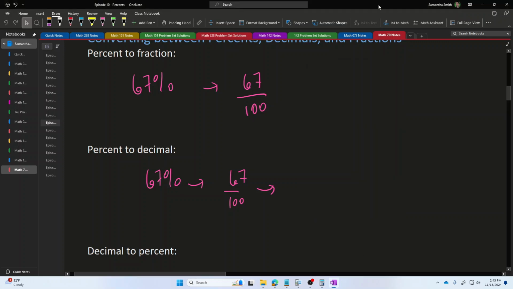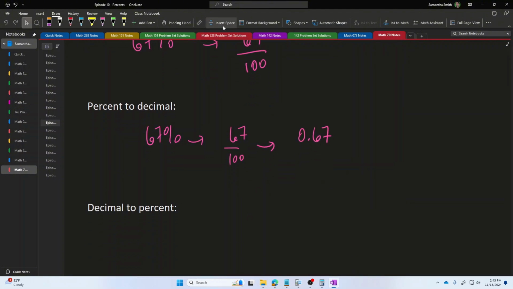And the result of that would be 0.67. Now, notice a little pattern that's shown up here. To convert a percent to a decimal number, the actual digits that you're seeing are the same. The only difference is that the decimal point is in a different location than it was originally.